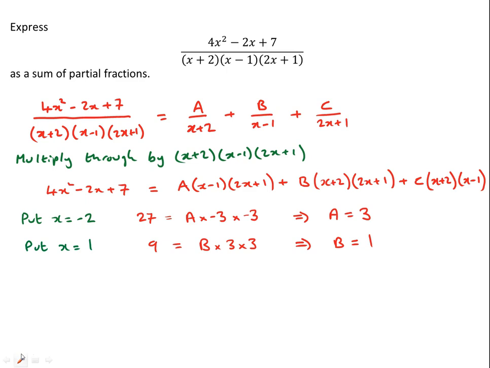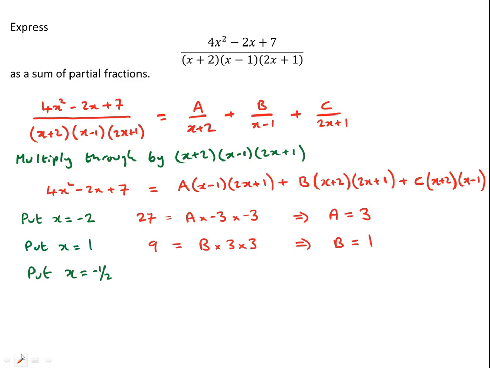Finally, if we put x equals minus a half in, then the first two terms on the right hand side will each become 0. If I have x equals minus a half, 4x squared is 4 times a quarter, which is 1.